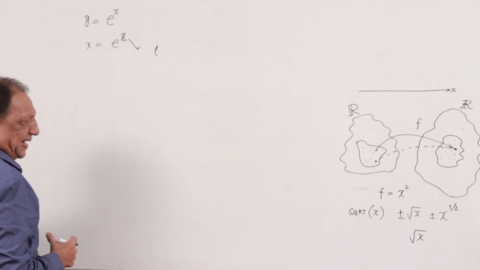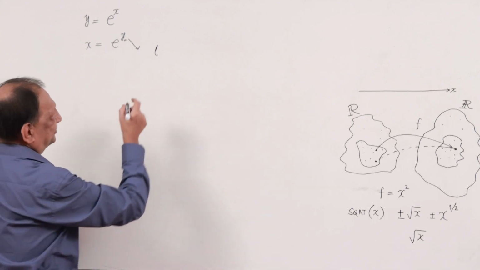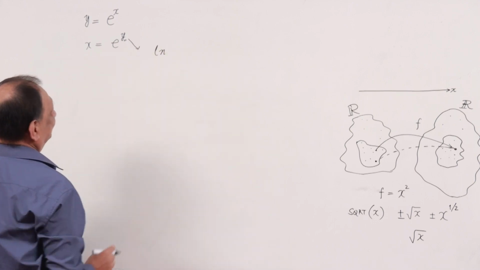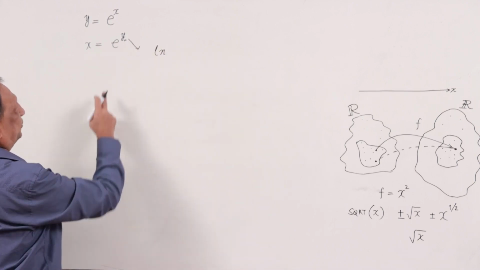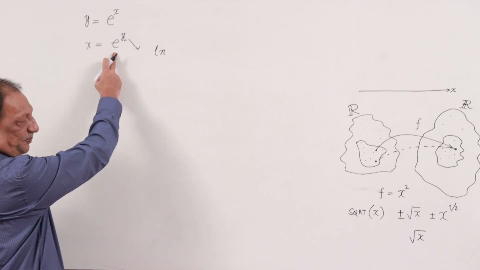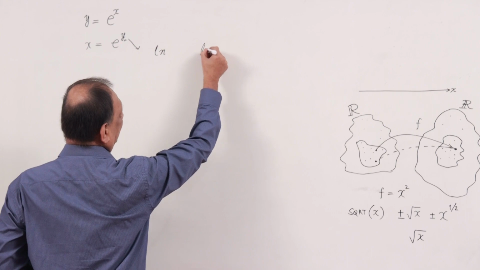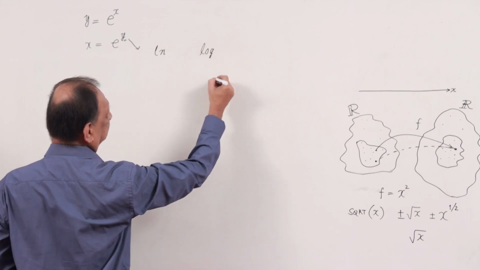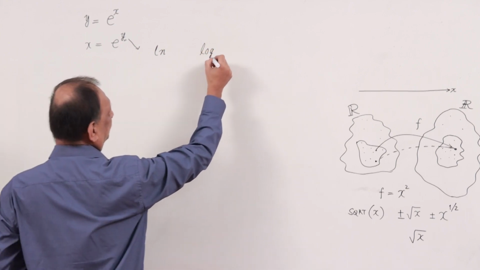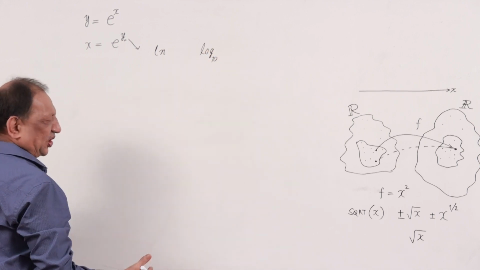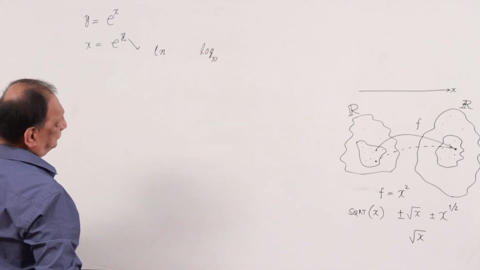Logarithm again, there are different logarithms which are used. This is known as the natural logarithm because we use e as the base to which we have raised the power. There is one more logarithm written as log, which is logarithm to the base 10. Log is log 10, the other one is ln.